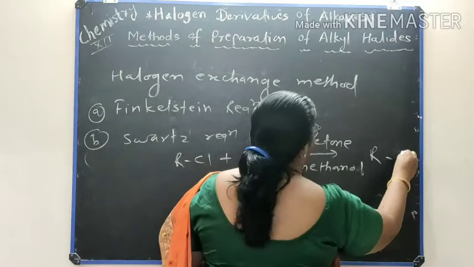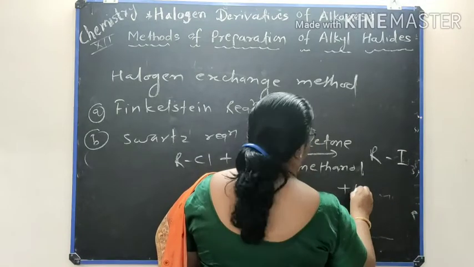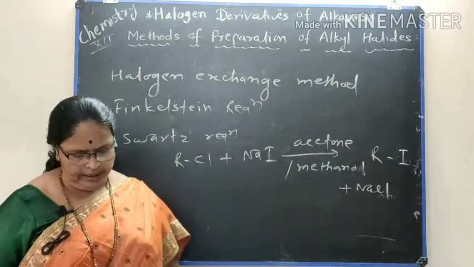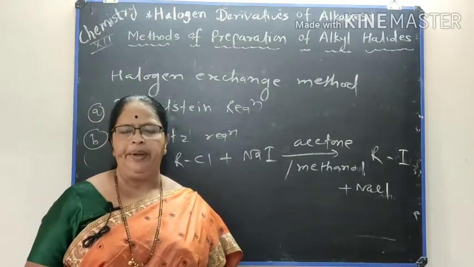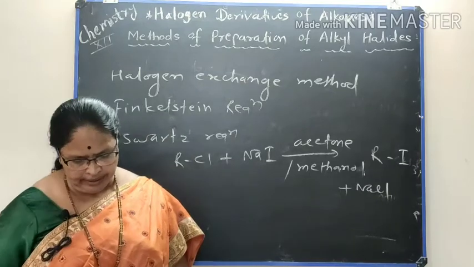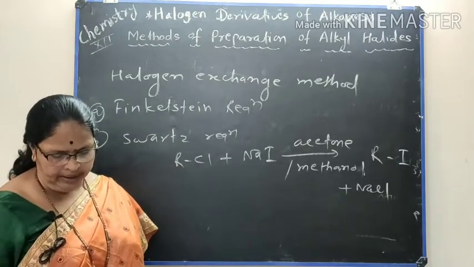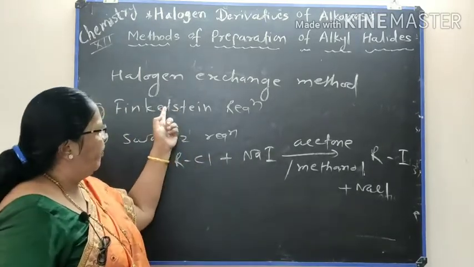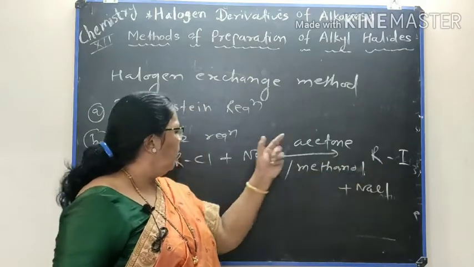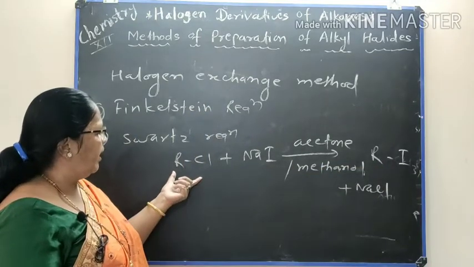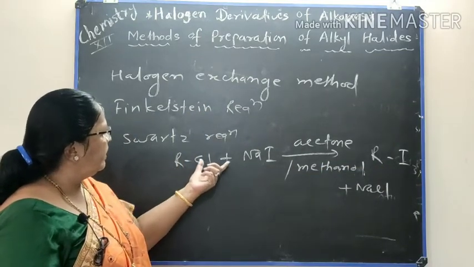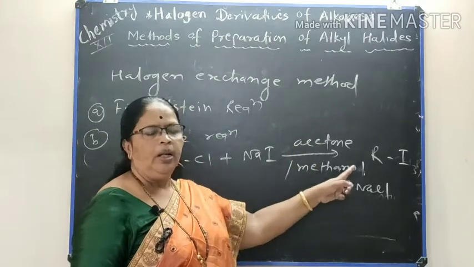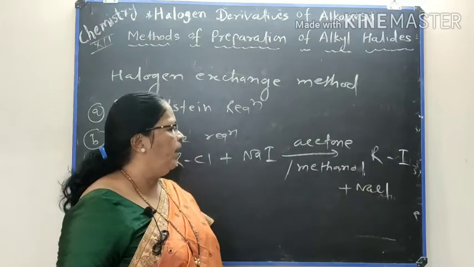Here alkyl iodide and sodium chloride are produced, and this reaction is known as the Finkelstein reaction. In this reaction, alkyl iodides are produced from alkyl chlorides.